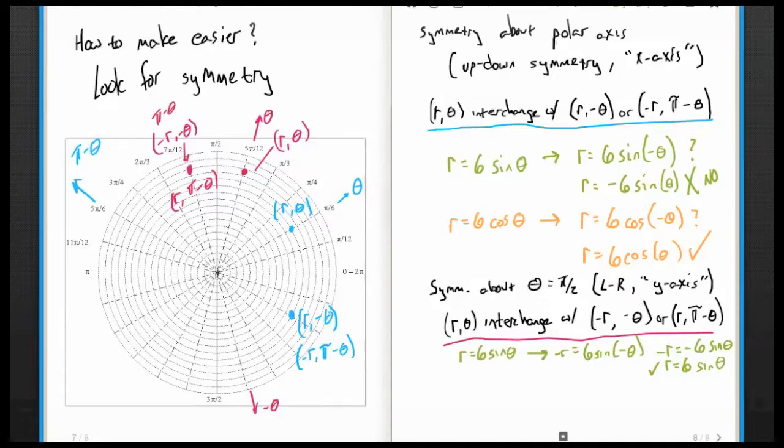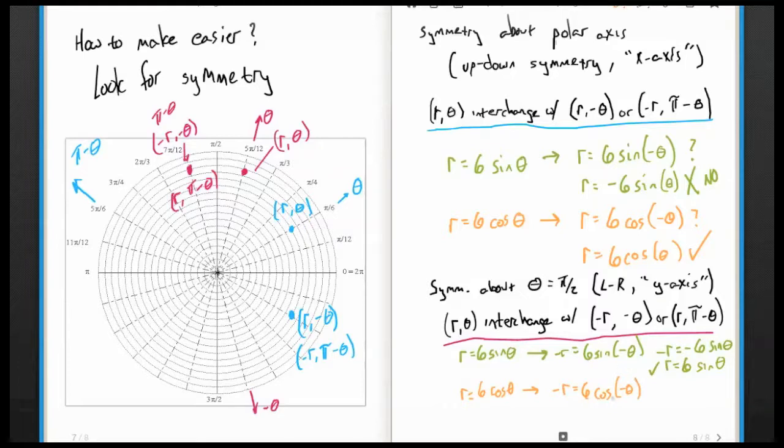The other one, the one that was in orange, we had r equals 6 cosine of theta, and if we try this symmetry test here, negative r, negative theta, so that's negative r equals 6 times cosine of negative theta.